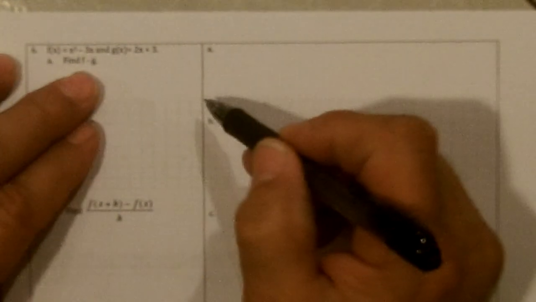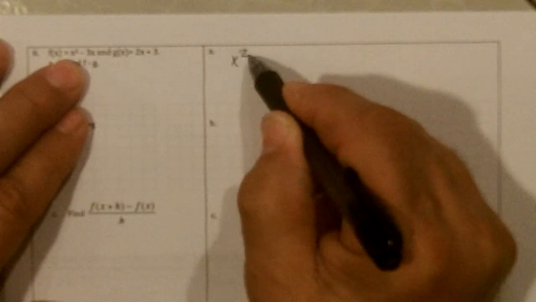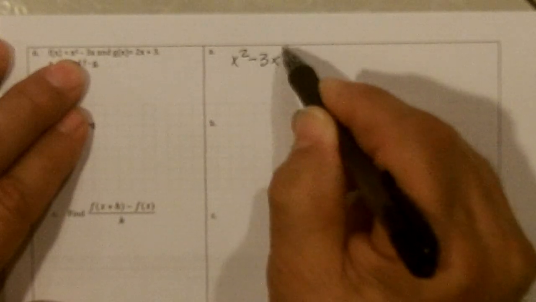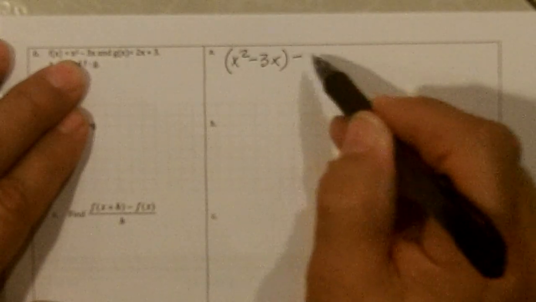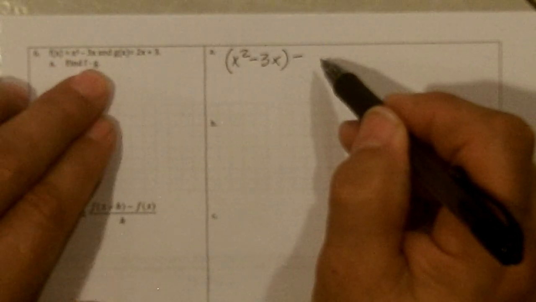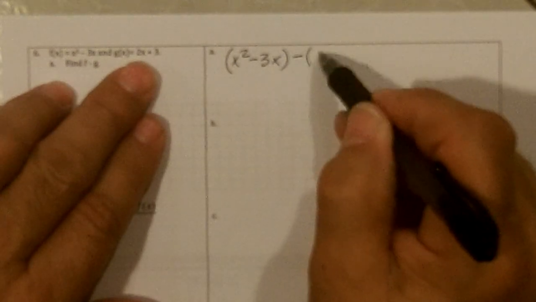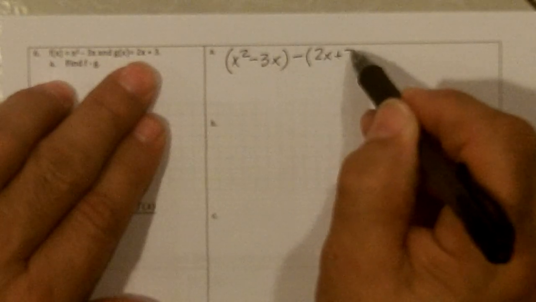Now we have to do some algebra with the functions. It says f minus g. F is x squared minus 3x. I'm going to put that in parentheses, then write minus, because it says subtract, and g, and I'm going to put in parentheses 2x plus 3.